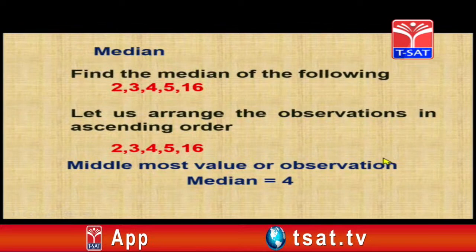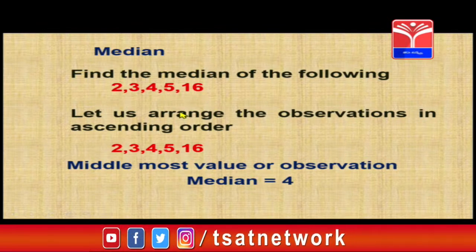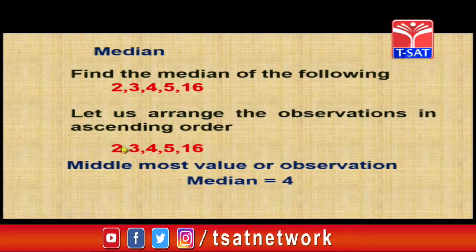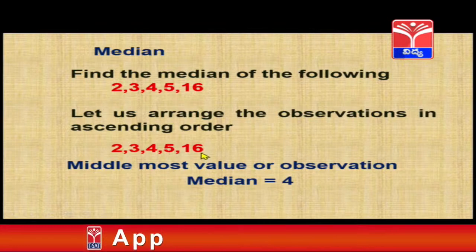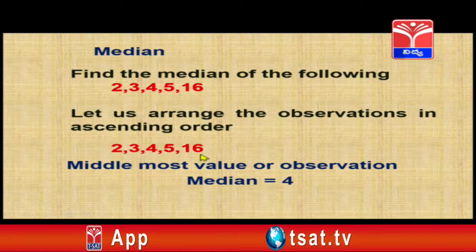What do you call that? Median. So, how to find a median? Let us just check. Find the median of the following: 2, 3, 4, 5, 16. When you arrange them in ascending order, what will you get? 2, 3, 4, 5, 16. So, in these cases, if I try to find the middlemost value, 1, 2, 3, 4, 5.